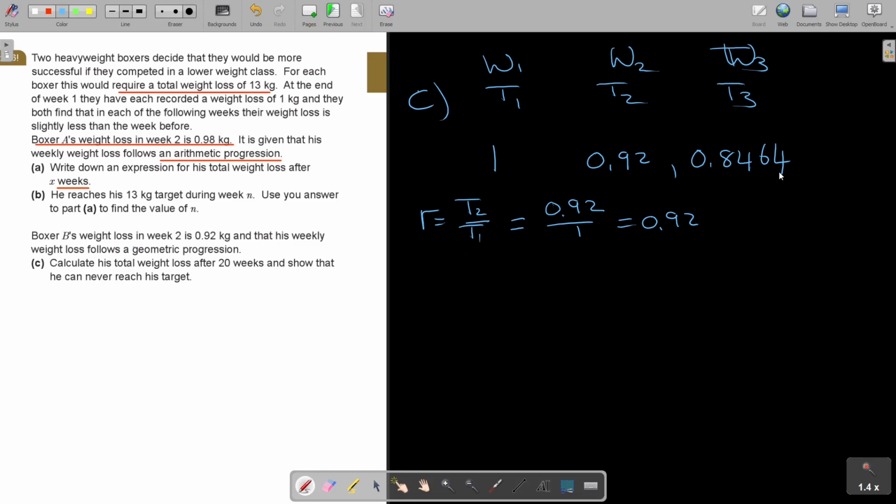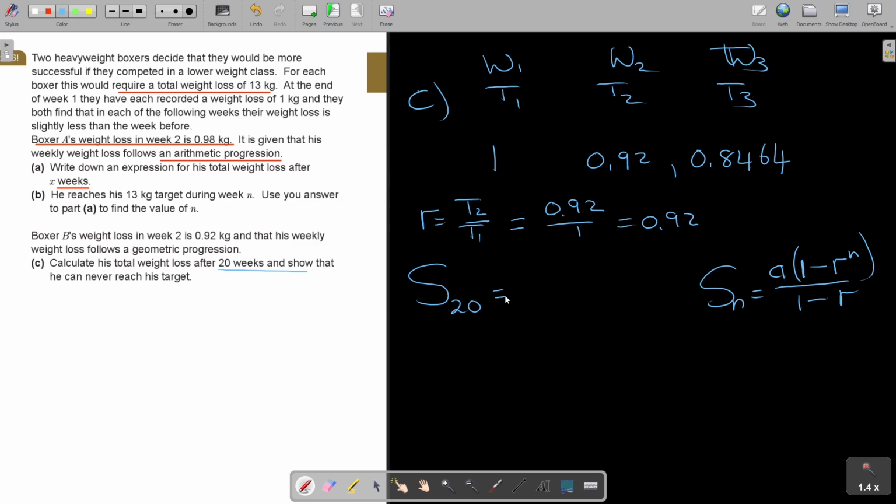Okay, so basically, now, calculate his total weight loss after 20 weeks, and show that he can never reach his target. So it's actually 2 parts. So let's first get 20 weeks. So S20, and remember I'm using this formula. Now, remember r is smaller than 1, so then I put the 1 in front.